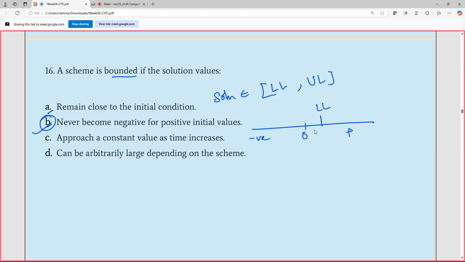Somewhere here I am taking a value in the positive region. So this is the lower limit. It going negative means it has to break this lower limit. It has to go beyond the boundaries. Such a condition will never occur if the scheme is bounded.